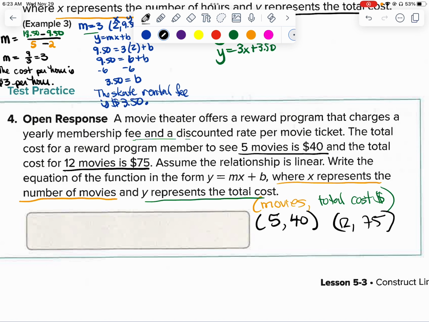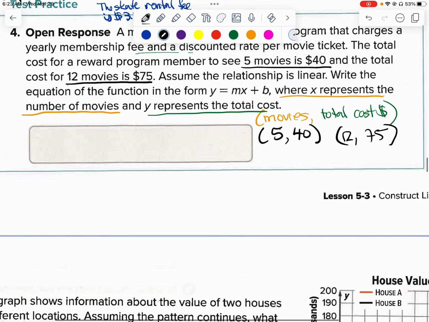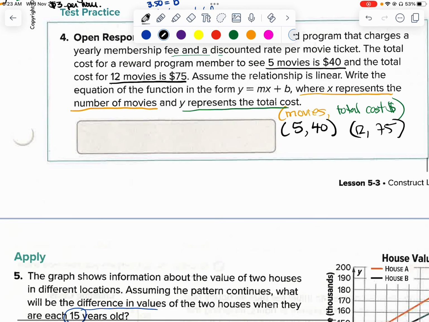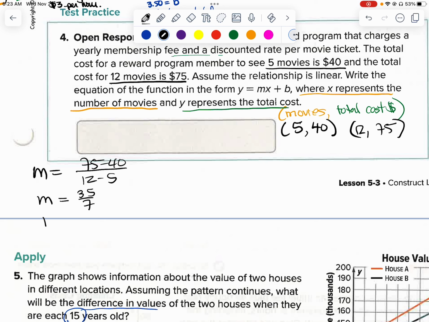So the first thing I have to do is find the slope. I'm going to take 75 and subtract 40. I'm going to take 12 and subtract 5. That is going to get me 35 over 7. So that gets me 5.